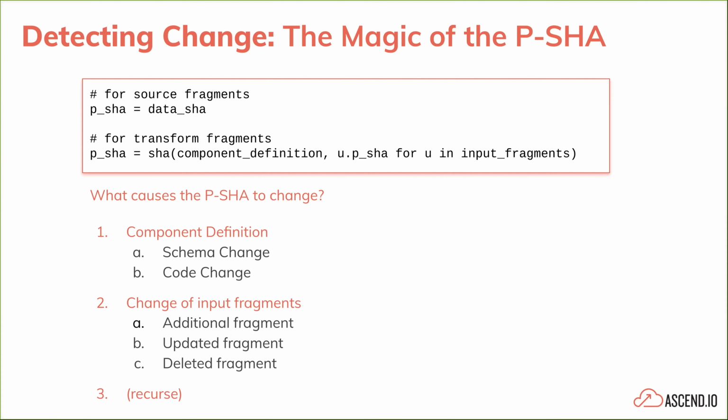There's a PSHA of what we want the system state to be in, and then there's the PSHA of what was actually created. There's a very simple set of rules that we could go through for the PSHAs, but essentially at any given point in time, you could know, hey, this little piece of data over here is out of date.